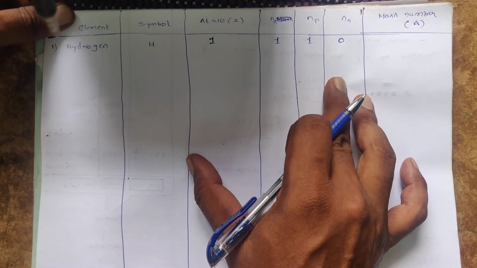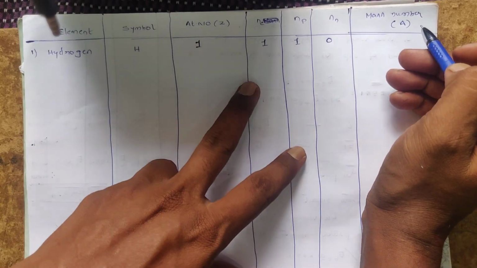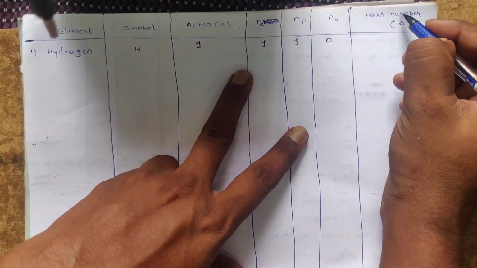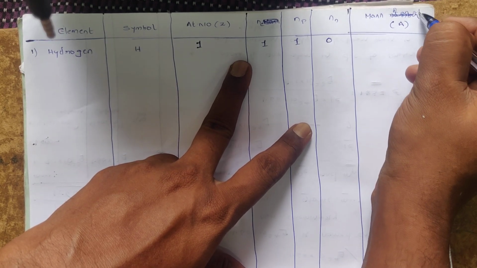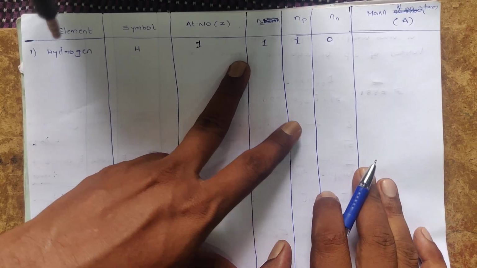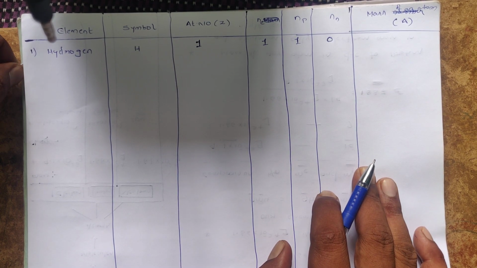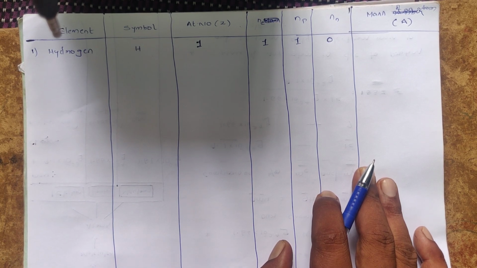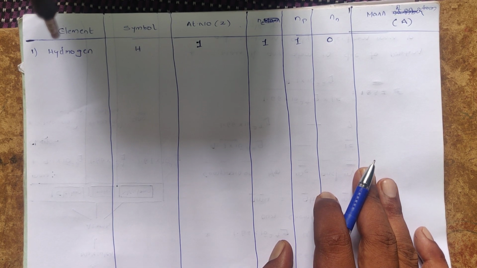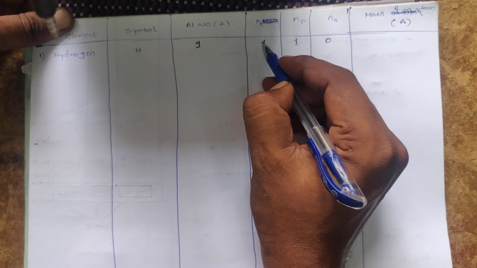Now, instead of mass number, it is better to say mass of an atom, because I will let you know the problem behind this later. How many electrons are present? 1.